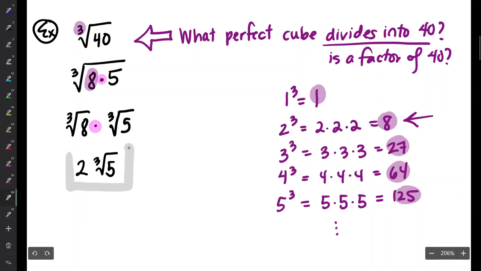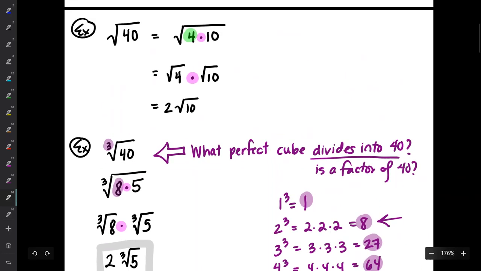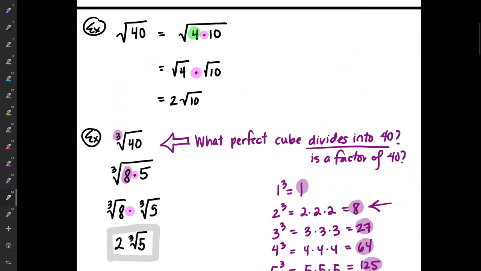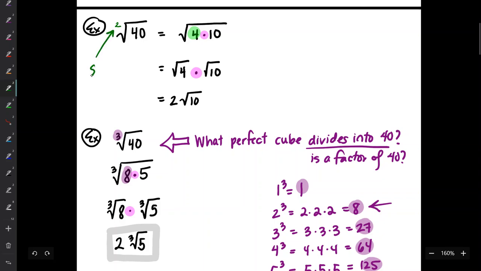You don't need the multiplication there. So notice how the problem before looked so similar, but they were different questions. Here we were taking a square root, and here we're taking a cube root.